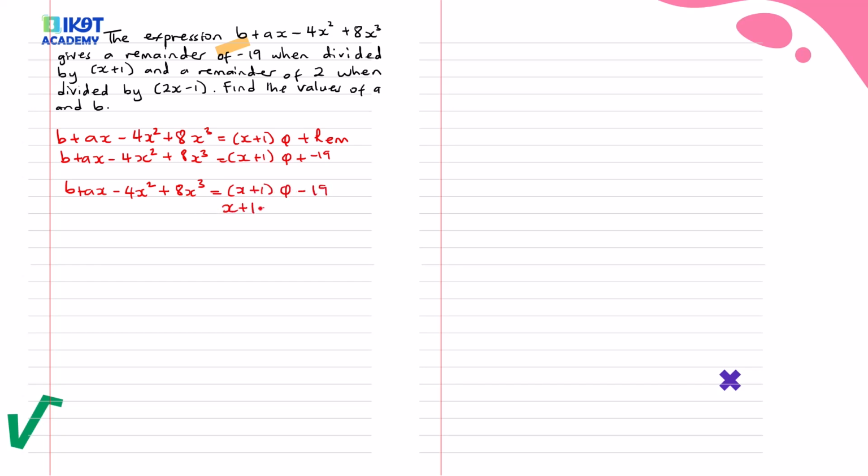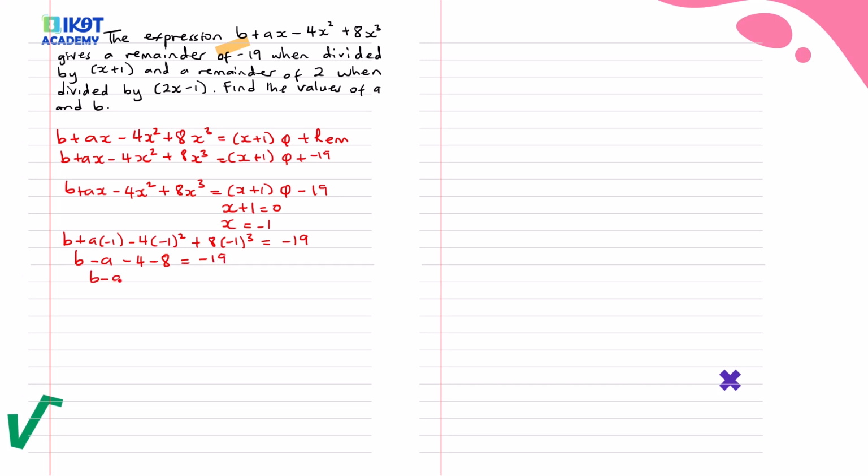So we say x plus 1 is 0, x is equals to negative 1. By that we are eliminating this, then we can substitute this here: b plus a into negative 1 minus 4 into this plus 8 into negative 1 cubed is equals to negative 19, since this went. So what do we have? b minus a minus 4 minus 8 is equals to negative 19.